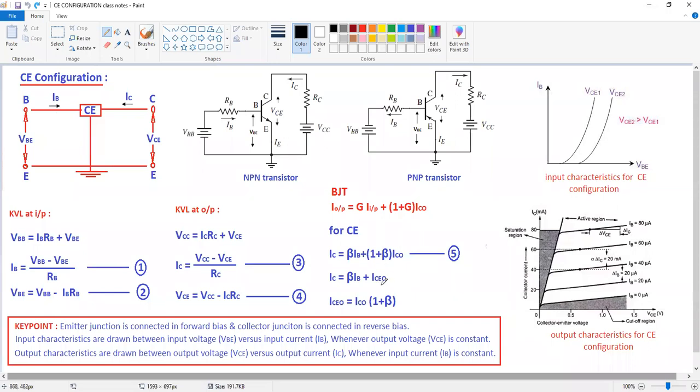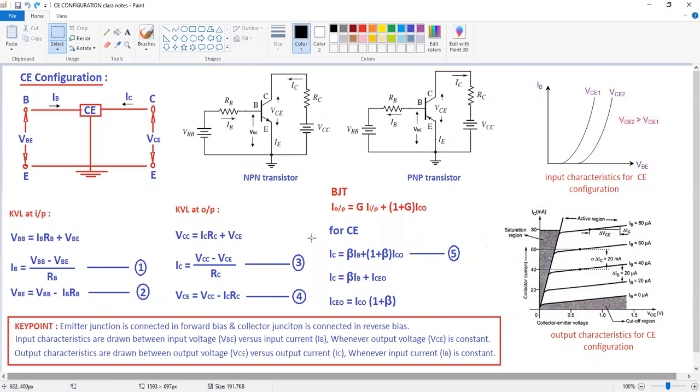In some textbooks, they directly give the equation as IC is equal to beta into IB plus ICEO, whereas ICEO is given by IC naught into 1 plus beta from this fifth equation. Now these all are the equations related to common emitter configuration: output voltage, output current, input voltage, input current equations.